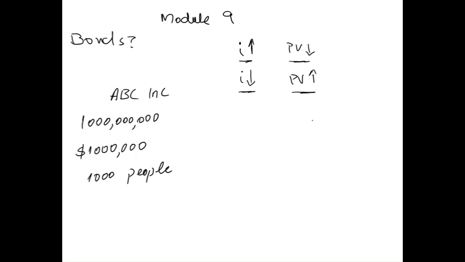So for example, in this case, the company offers an interest rate of 4%, and bonds normally pay interest semi-annually. So $1 million times 4% is $40,000. This will be an annual amount.